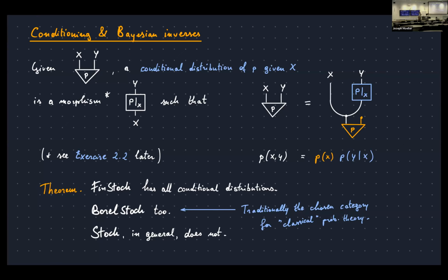Yes, there's a question? In the FinStoch and BorelStoch cases where it always exists... That's true. It's going to be part of the exercise. My question, because it seems it's a bit like in the categorical quantum setting where you might compose with a cap to turn a map... Yes, it's very similar.